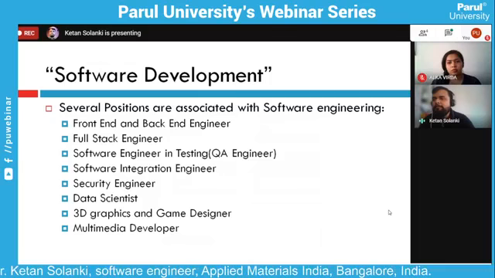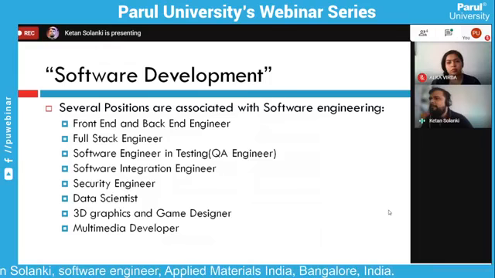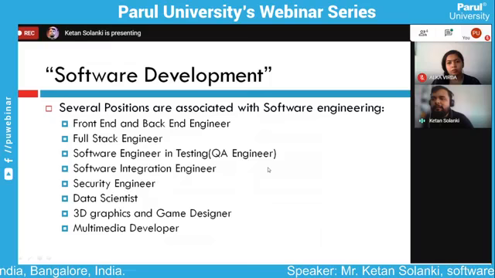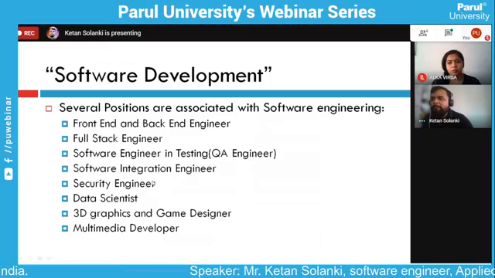Again, it depends on our interest which one to choose. But each one of them will require a set of skills from whatever we listed in the previous slide. So whatever position you choose, depending on that, there will be a set of skills for that position.